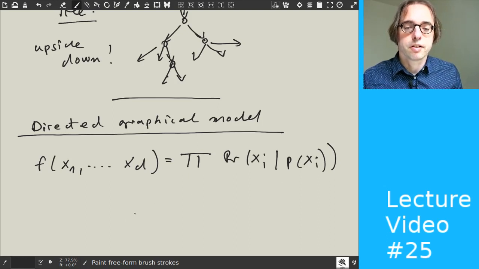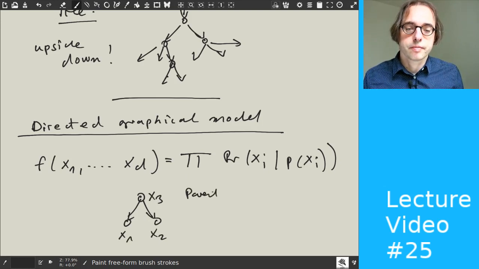Let's say we have this graph: if this is x1, x2, x3, then x3 is the parent of both x1 and x2.